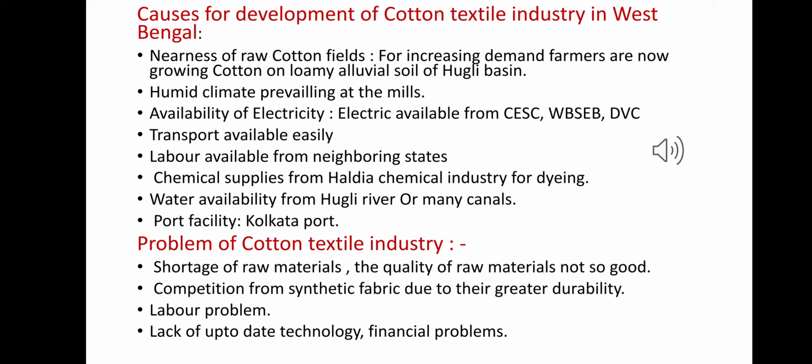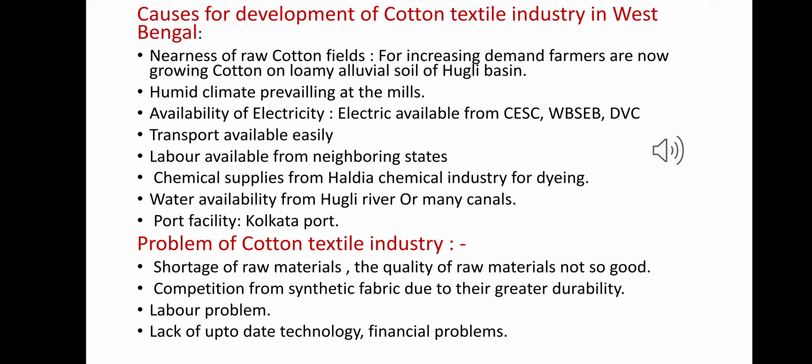Okay, so number one, the main cause is the nearness of raw cotton fields. With increasing demand, farmers are now growing cotton on the loamy alluvial soil of the Hooghly basin. Number two, a humid climate prevails at the mills. Okay, next, electricity is available from CESC, the West Bengal SEB or DVC.